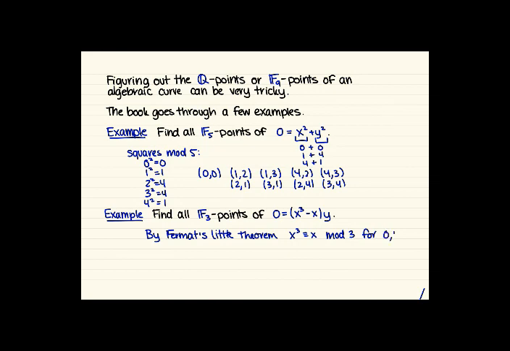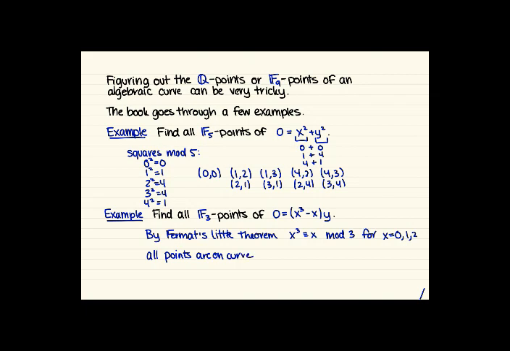So for x equals 0, 1, and 2, that's going to mean that when we plug 0, 1, or 2 into this, we are going to get 0 no matter what. So that means that all points are on the curve.